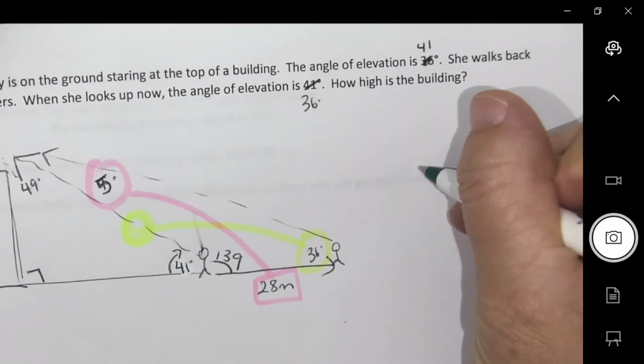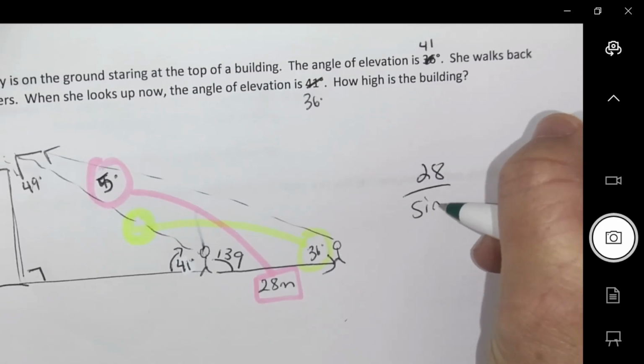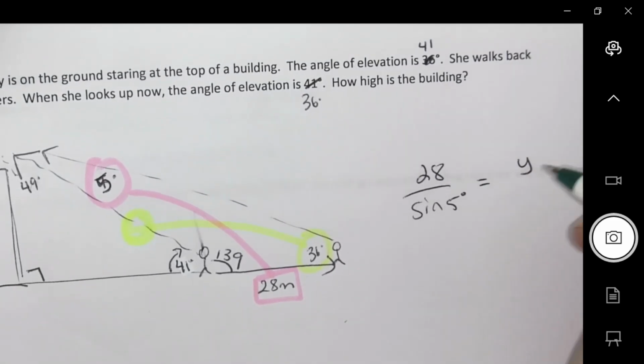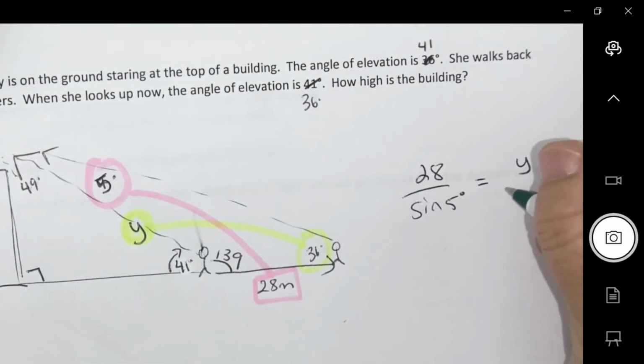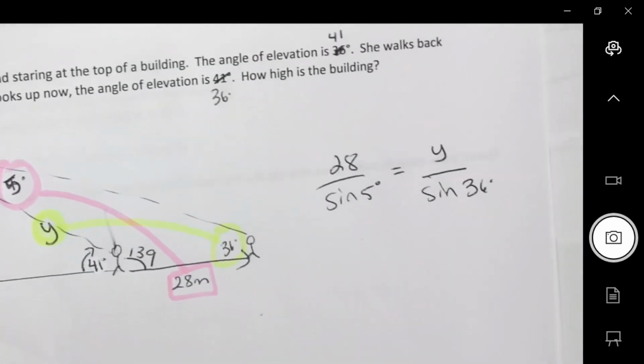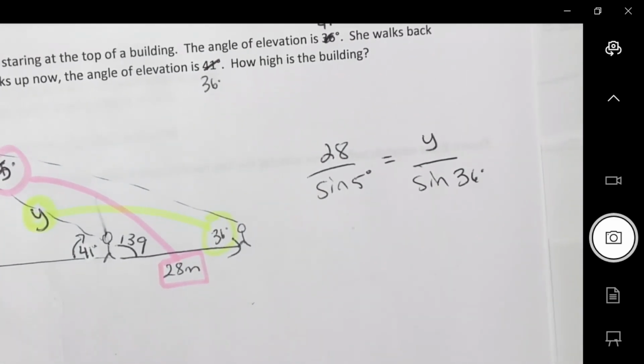Okay, can you give me the sine law setup then? I'm going to call it Y, if that's okay with you. So sine law setup, times and divide.